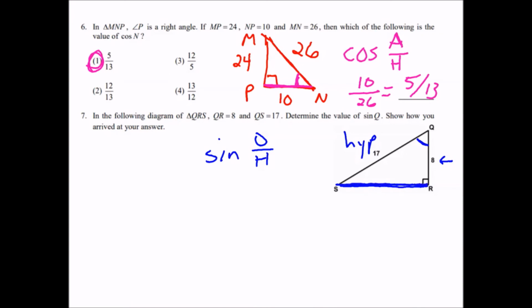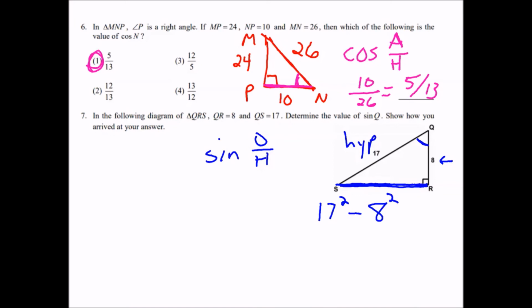To do that, we're going to use the Pythagorean theorem. So a squared plus b squared equals c squared. We know the hypotenuse, so we're going to take the hypotenuse, square it. I'm skipping a few steps. We're going to subtract the side that we know squared, so 17 squared minus 8 squared.